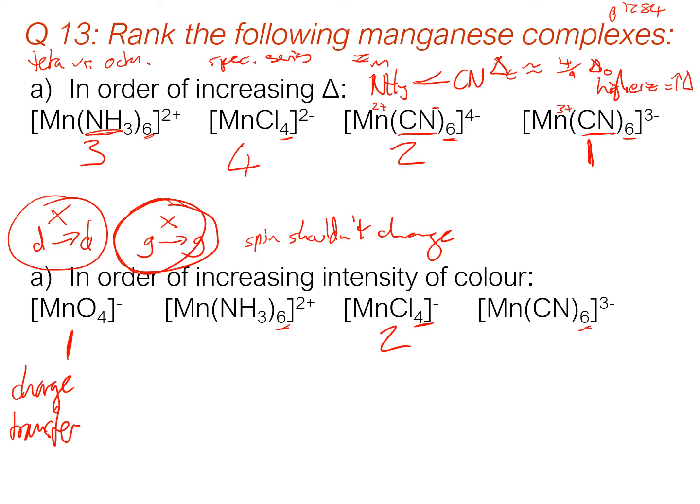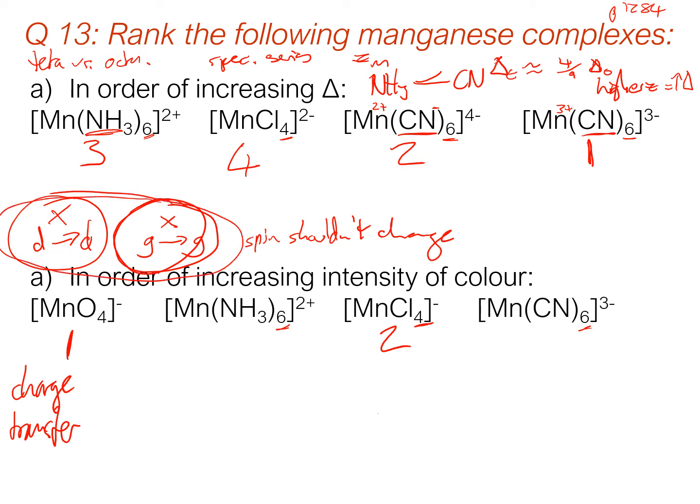Now finally we've whittled it down to these last 2, the hexaammine manganese 2 and the hexacyano manganate 3. These are both octahedral. The transitions for both of them are D to D, and it's T2G to EG in both of them. So neither of these first 2 rules are satisfied.